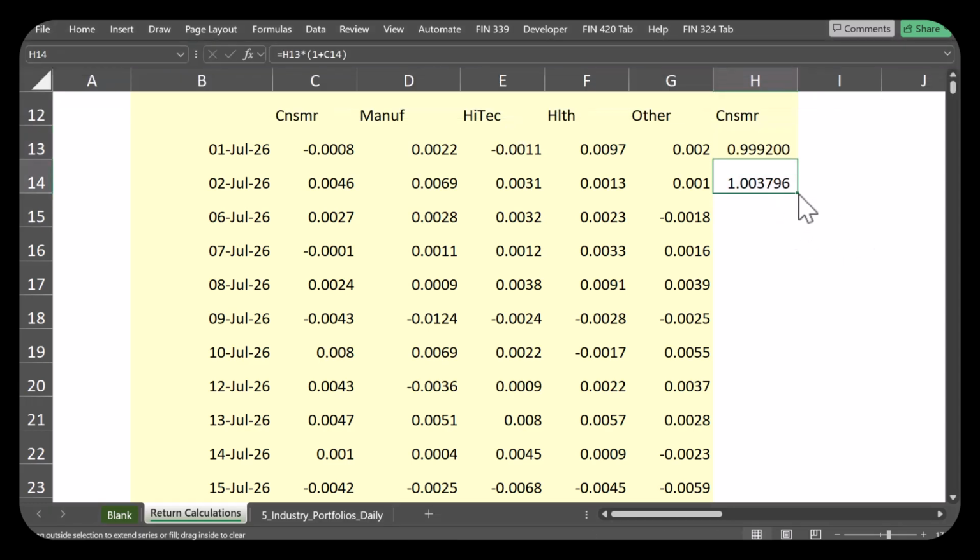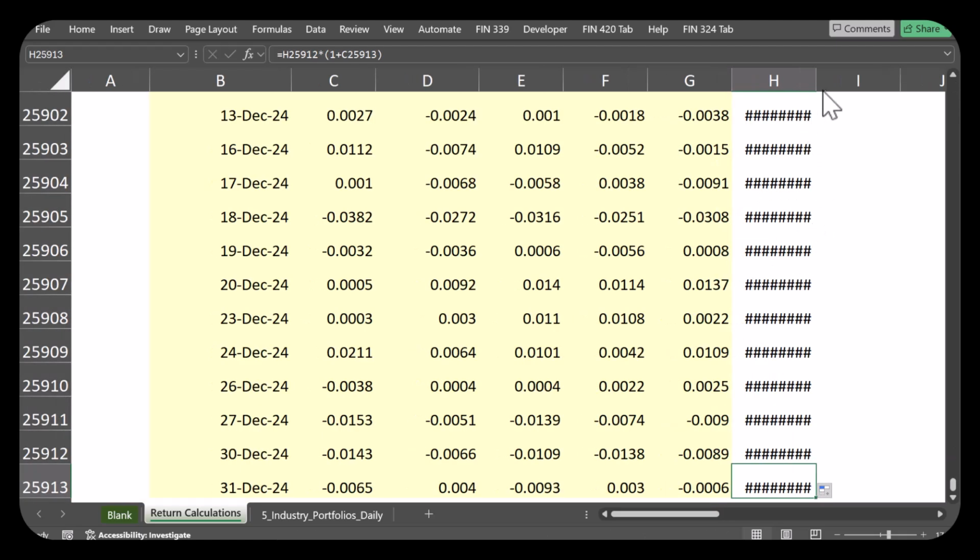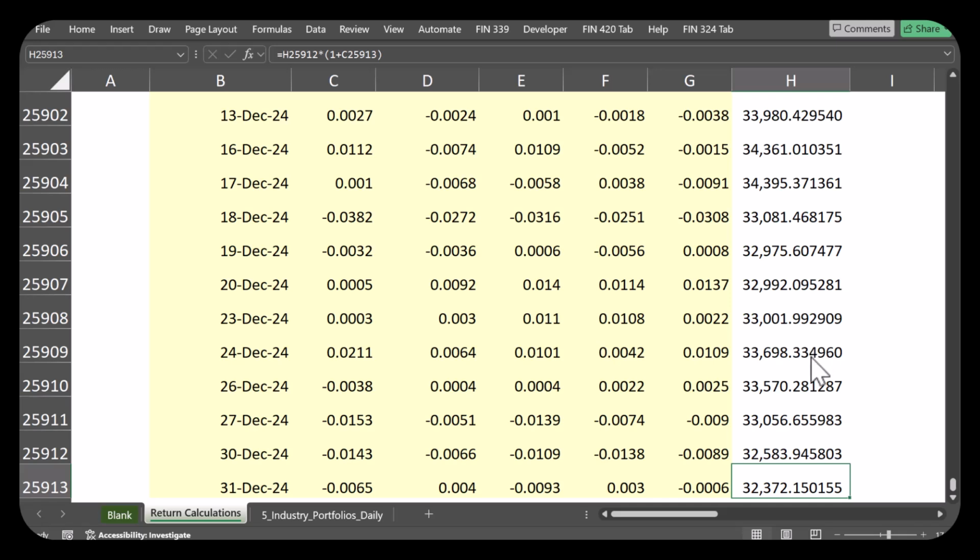I made way too much money. Turns out in almost 96 years, actually 98 years, my $1 would have grown into 32,000 and then some, which is normal.